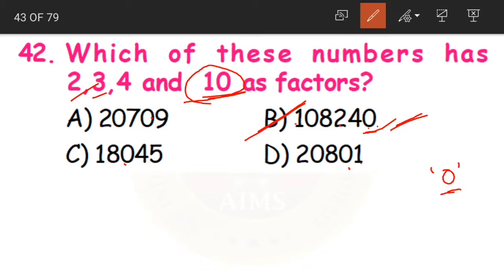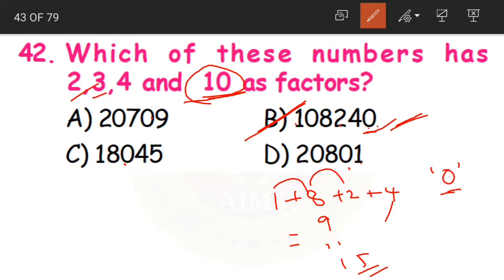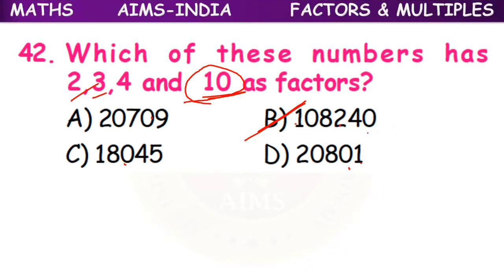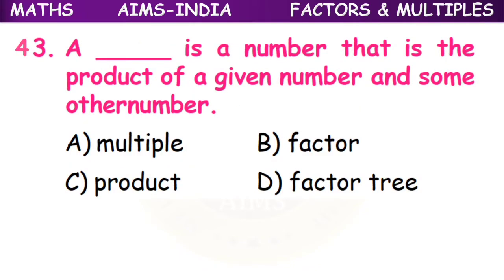For 3, let us add the digits and check: 1 plus 8 plus 2 plus 4. 1 plus 8, 9, 9 plus 2, 11, 11 plus 4, 15. Again 15 is also a multiple of 3. So again the number is divisible by 3. Okay, so what happens in multiple choice questions is, if you think a little bit smartly, we will be able to solve even difficult problems.